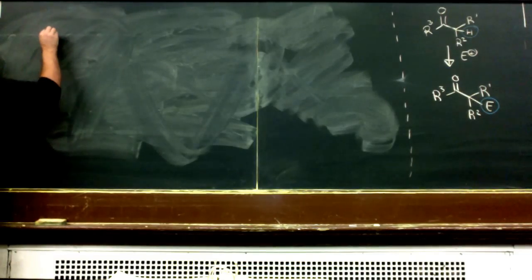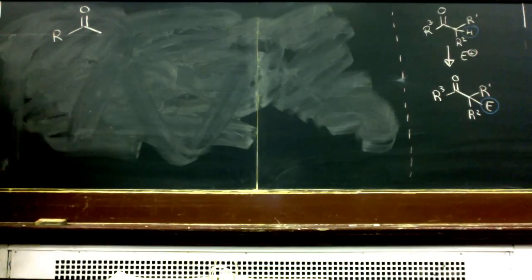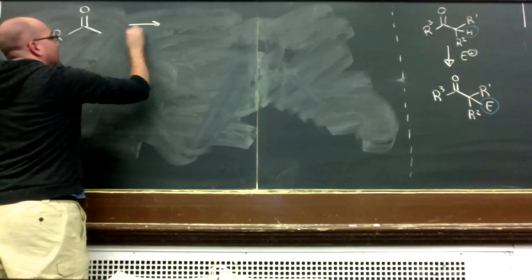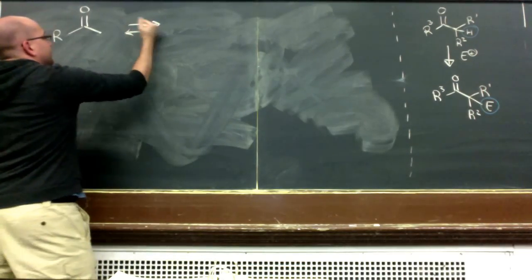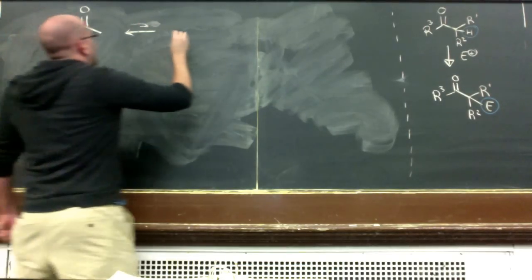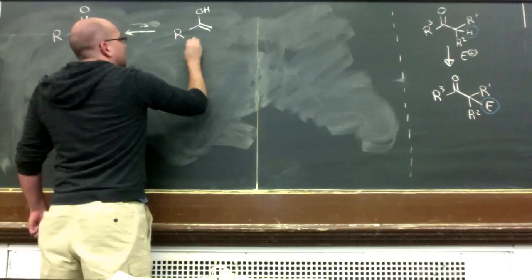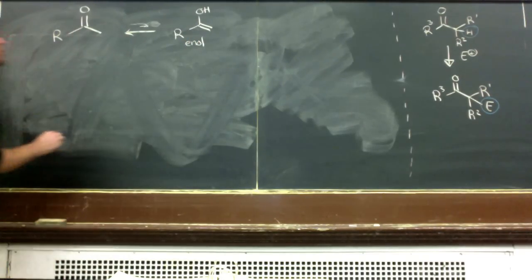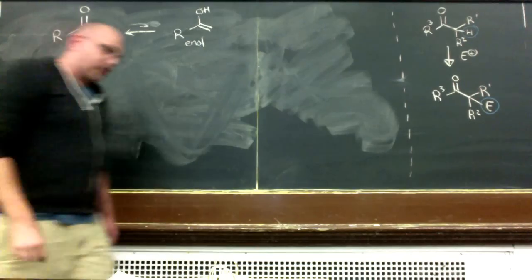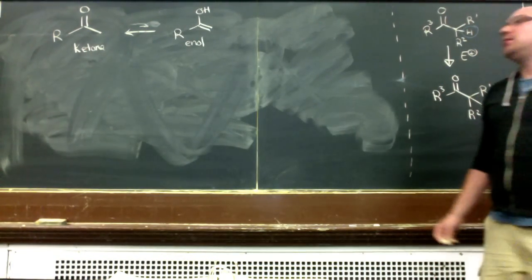But what you should have all seen is that ketones generally exist in a tautomeric form with what's known as the enol. Right? And so, again, we saw this when you hydrolyze an alkyne, for example. Where else did we see this?